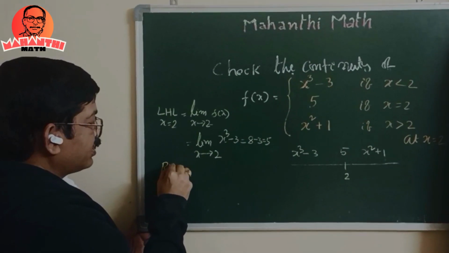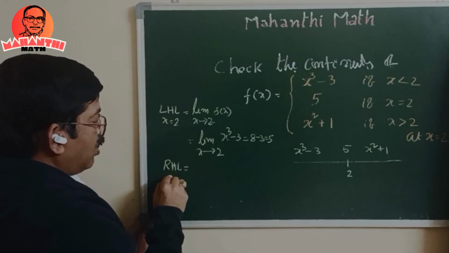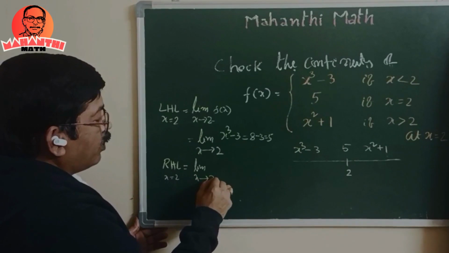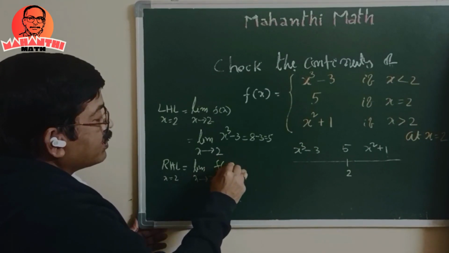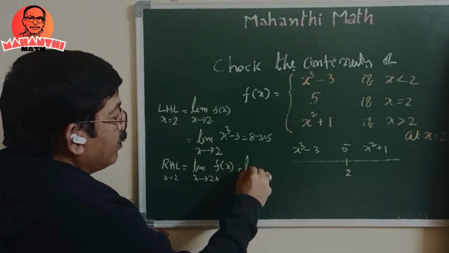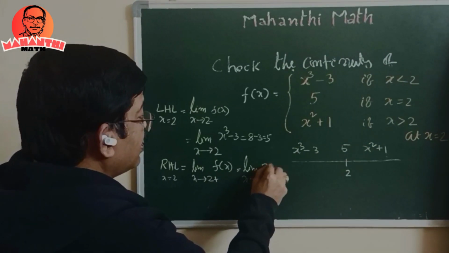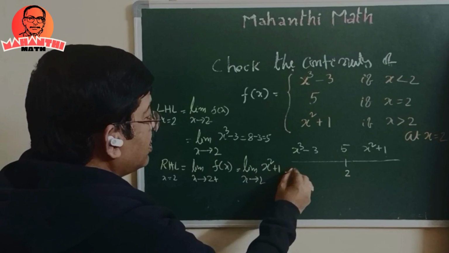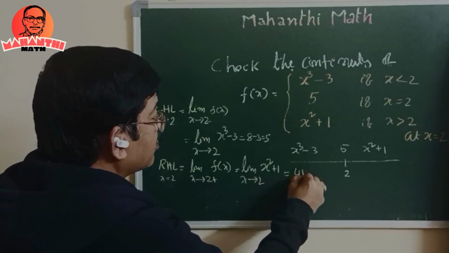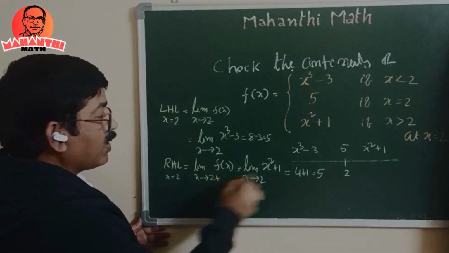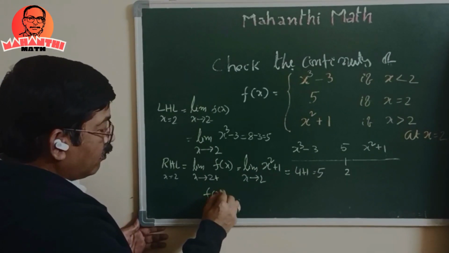RHL we will see. RHL at x equal to 2 equals limit x tends to 2 plus f of x. What is the right side function? X square plus 1. This is 4 plus 1, 2 square is 4, yes. Equal to 5. Now what is the function value? F of 2 is 5.